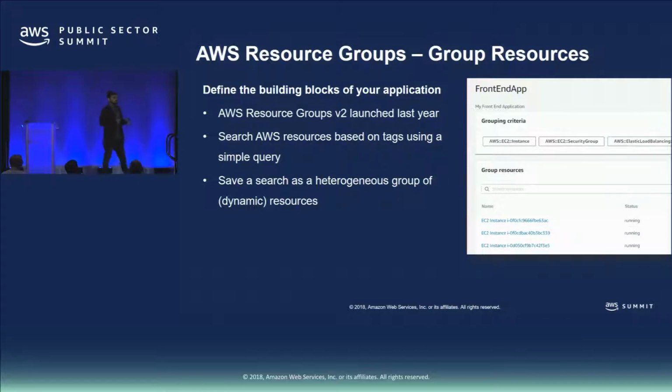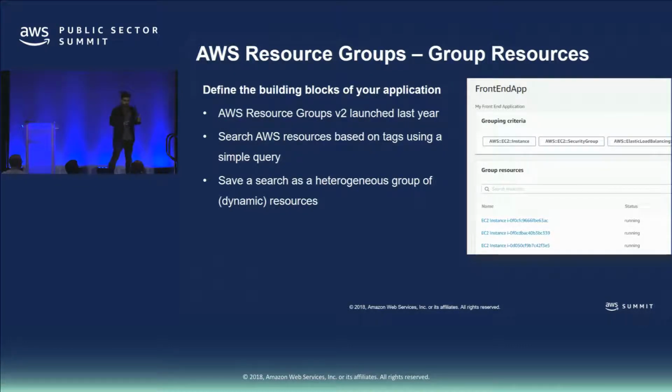Once you have this tag, you can query Systems Manager, and you can find all the resources within this particular environment, such as EC2 instances, EBS volumes, Lambda functions, RDS instances, and so on. You can also group your resources or building blocks of your applications together using resource groups, such as a front-end layer and then a back-end layer. And then you can, again, query them or execute actions against these resources using the resource group.